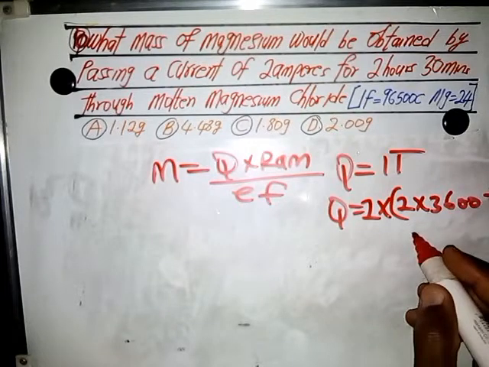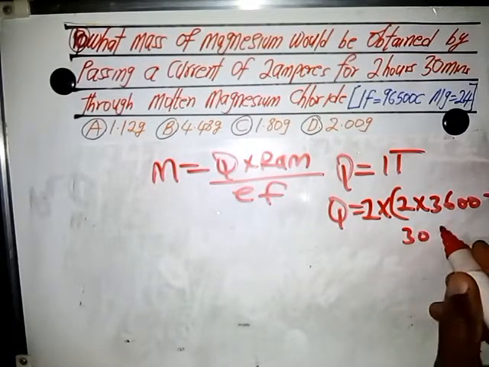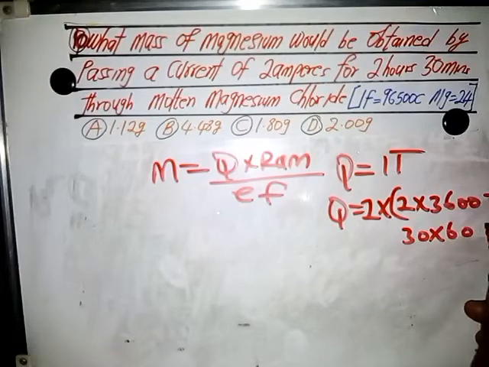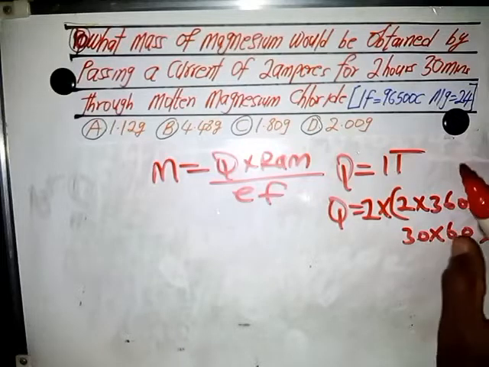What it means is that this times this, what you get, you add to this times this, before you now multiply by 2. It's not hard. 2 times 3600, get your answer, multiply 30 by 60, get your answer, add them together.